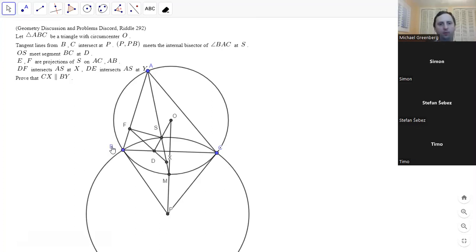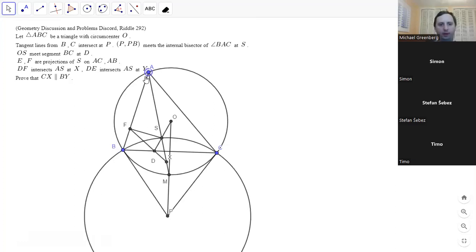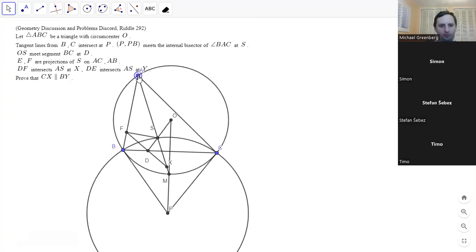So we want to show XB is perpendicular to AB. No, XC is perpendicular to AS. Oh, sorry. XC is perpendicular to AS.